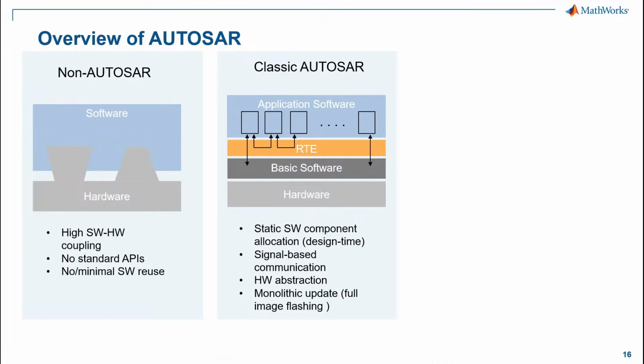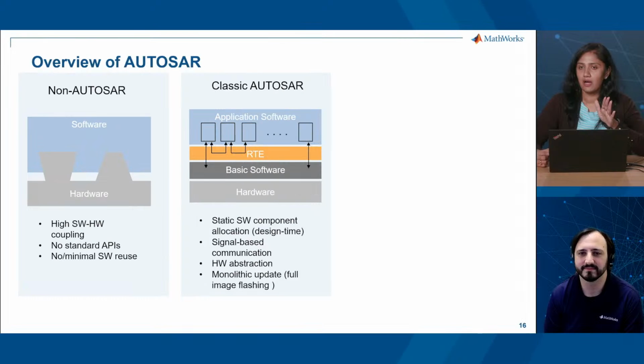So in this way, it makes it really easy to reuse for different applications, like you can change the hardware and also change the application based on what you want to do. And it follows signal-based communication and allows monolithic update. And then AUTOSAR Classic is used for traditional automotive applications like powertrain, body control, instrument clusters, and so forth.